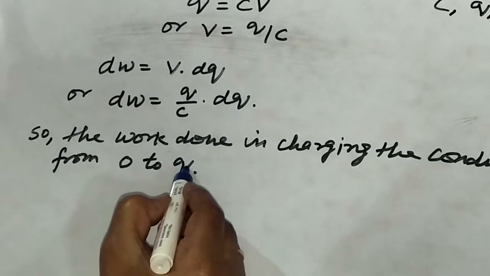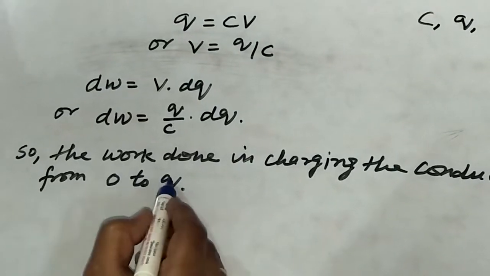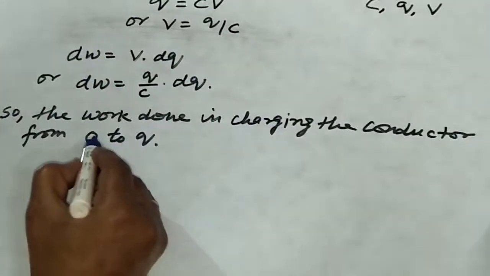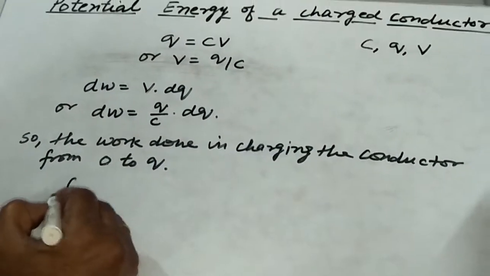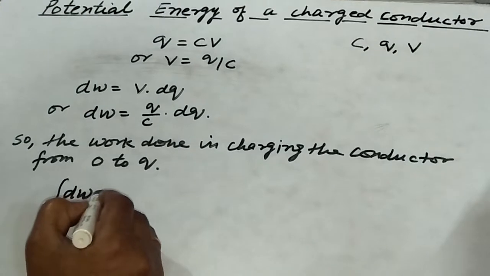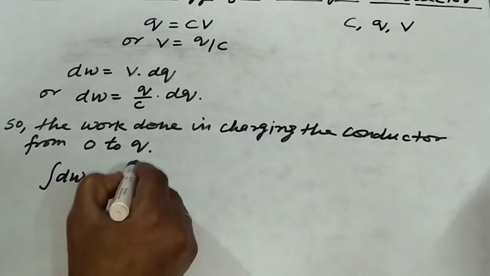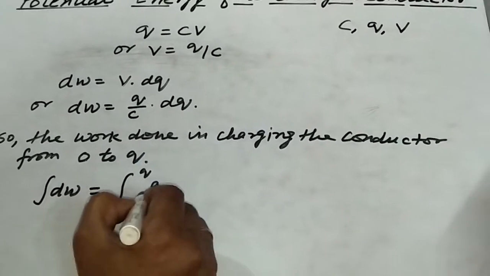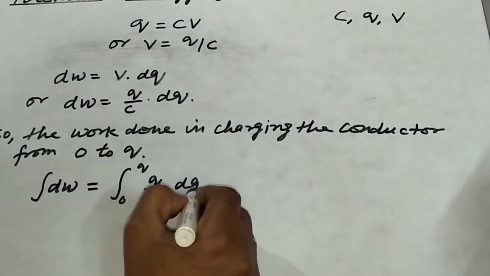For this purpose, what is the total work done? We will integrate within the limit 0 to Q. So the whole work done in charging this conductor from 0 to Q, the integral of dW is equal to the integral from 0 to Q of Q by C into dq.